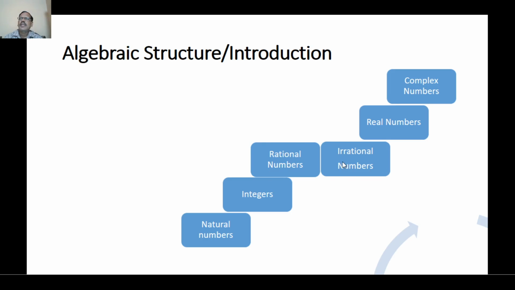Irrational numbers are not rational numbers, and the union of rational and irrational numbers is called the real numbers. Complex numbers are numbers of the form a plus ib, where a and b are real numbers and i is the imaginary number. So this is the number system.